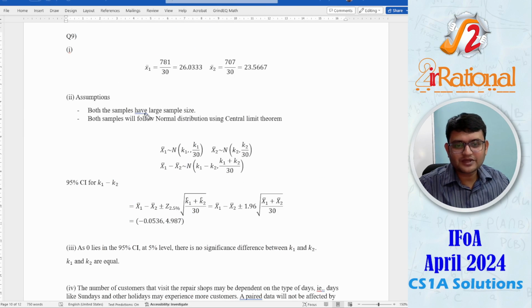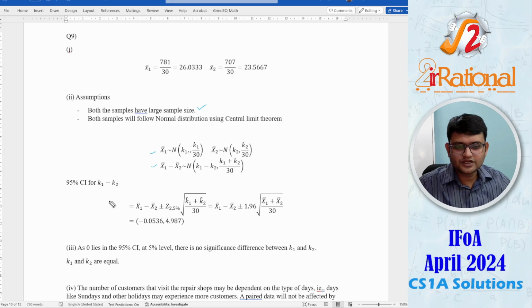Assumptions: both the samples have large sample size and both samples will follow normal distribution using central limit theorem. We are assuming this because actually they are both following Poisson distribution, so we have to assume that they have large sample size. Only then we can convert them into a normal distribution using central limit theorem.